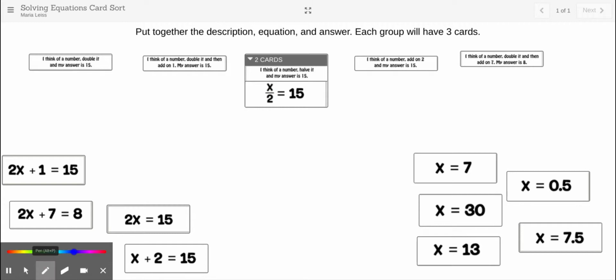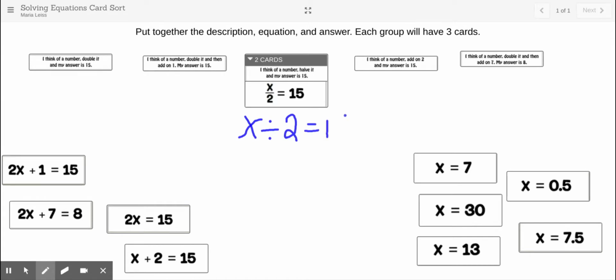Now, here's what you've got to remember. To solve this equation, this says x over 2. What it really means is x divided by 2 is 15. To solve it, I need to undo that division. The only operation that can undo division is multiplication. So to undo divided by 2, I'm going to multiply by 2.